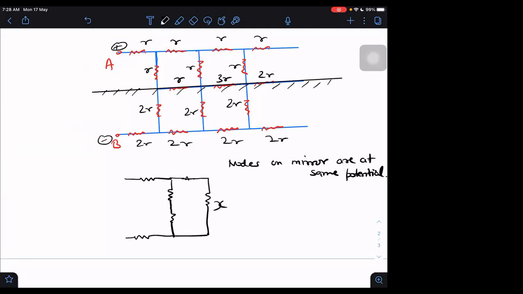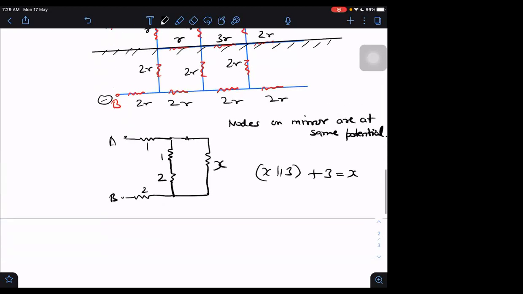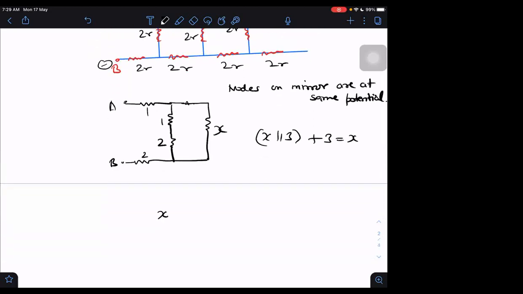This is x, 1, 1, 2, 2. So we will be getting x in parallel with 3 and plus 3, that is again equal to x. Yes, sir. So we are getting 3x upon x plus 3, plus 3 is equal to x.